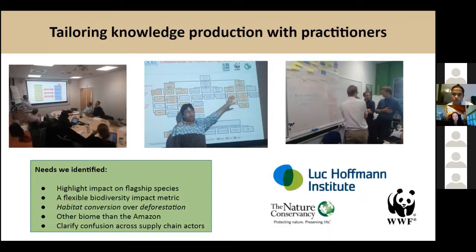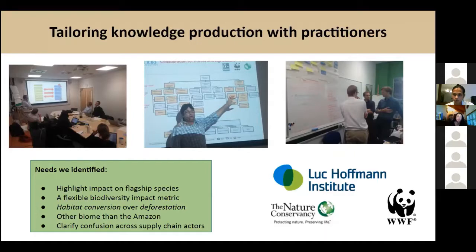stakeholders, which I'm going to go through again, but quickly to mention that, for instance, they said that they wanted a biodiversity footprint that was able to highlight the impact on specific species, on flagship species, so they could use that information to support their strategies and their campaigns and their engagement with the industry.